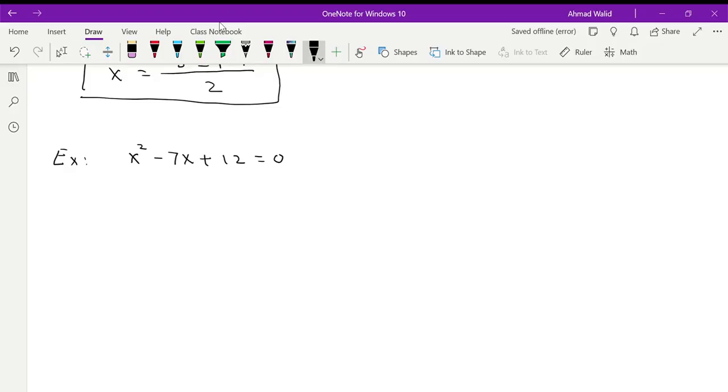Correct? Your a is equal 1, your b is equal negative 7, and your c is equal 12. Quadratic formula, x equals negative b plus minus square root of b squared minus 4ac over 2a.